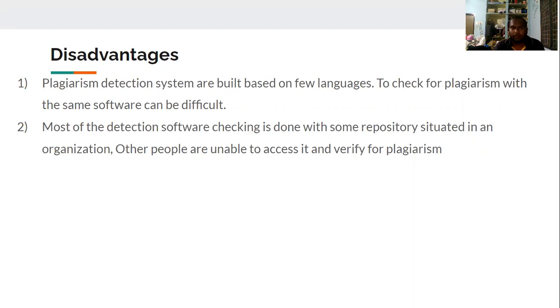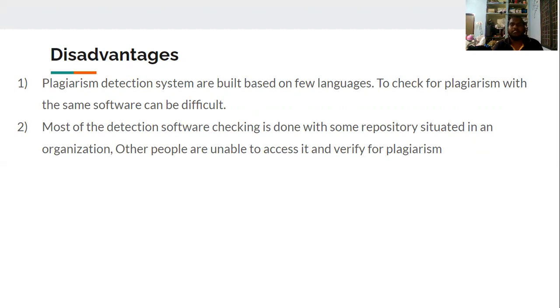So when we use the same software with different languages, the plagiarism check will not work, which means we cannot find the plagiarism in the document. So it is difficult to check plagiarism because it is available in only a few languages, not all languages.